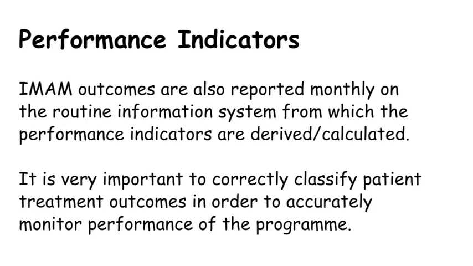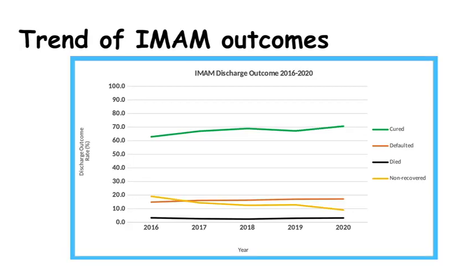So now we'll look at this chart where we see the trend of our IMAM discharge outcomes from 2016 up to 2020, that is in the past 5 years. So we see that our cure rate has gradually improved, but we haven't reached our target of having it at least 75% or 75% and above.